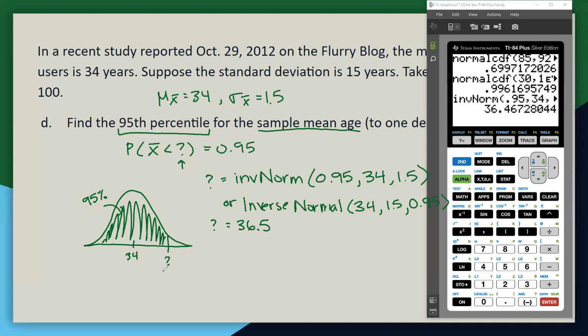So this area here is bounded by 36.5. What that tells me is that if I'm looking at the distribution of sample mean ages, I expect 95% of those sample mean ages to be less than 36.5 years old.